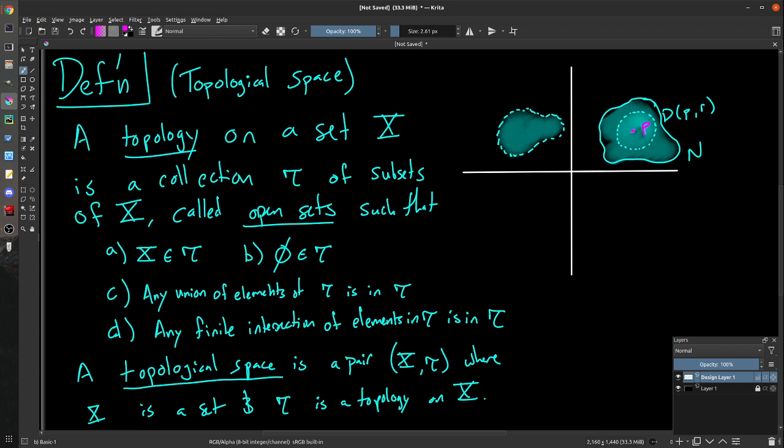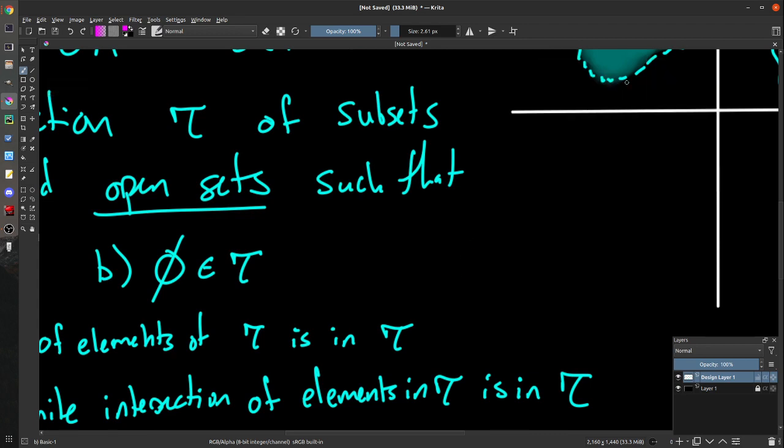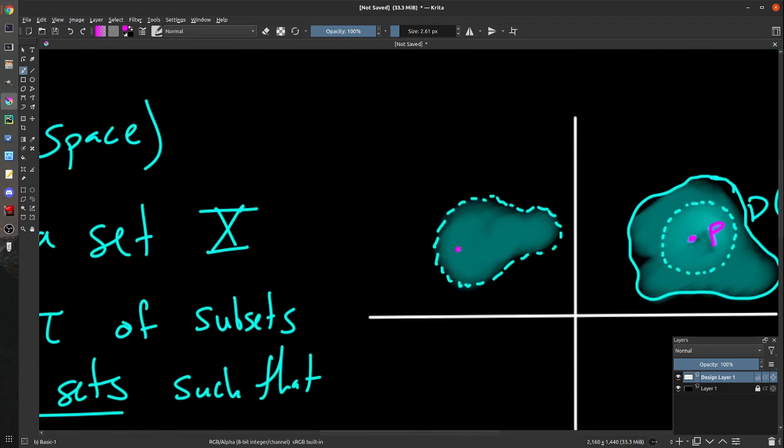Then we can talk about the neighborhood definition of an open set, which is what they do. I think it's much less intuitive than just saying you declare certain things to be open sets, and then you just have to have them satisfy this to be open sets in the usual way. But in terms of the neighborhood definition, notice that a neighborhood of a point being a set containing a disk about P, well, if you want to talk about an open set like this guy, pick any arbitrary point in there. And if we zoom in a little bit, just for ease, let's pick any random old point in here.